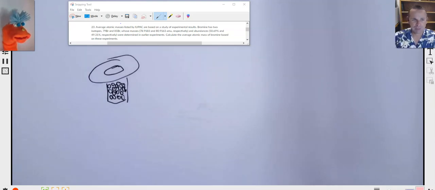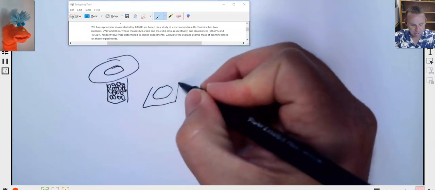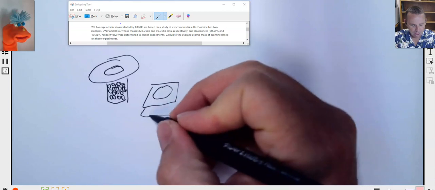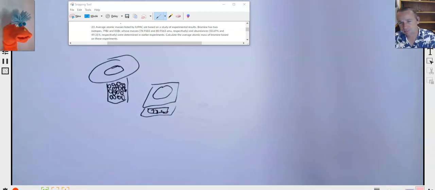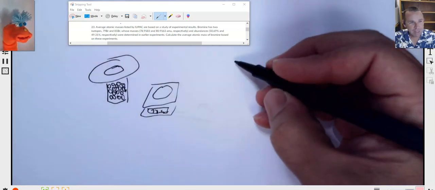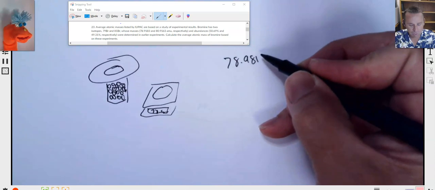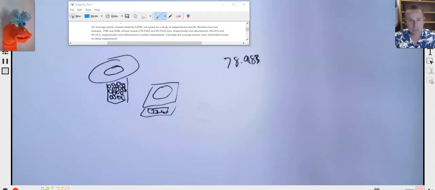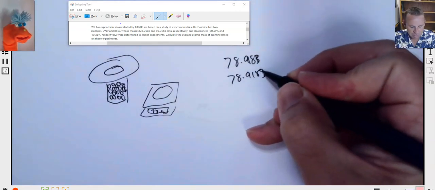So when I pull them out, I draw myself a little scale here, right? I pull it out, and it says whether it's the 79 or whether it's the 81. And then I write the mass, 78.9183. Okay, there's that one. The next one, also 78.9183.